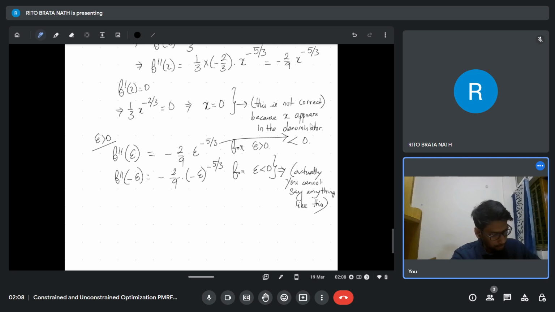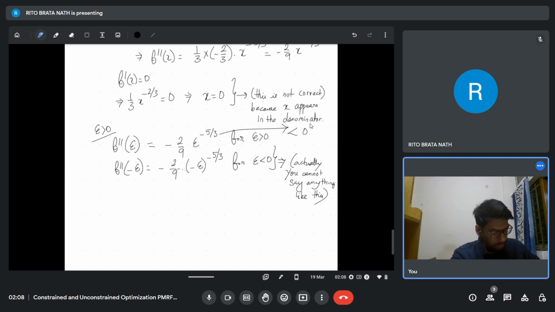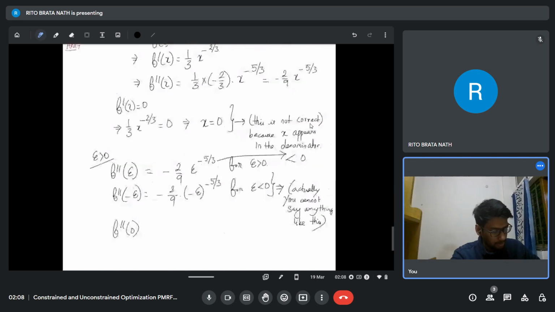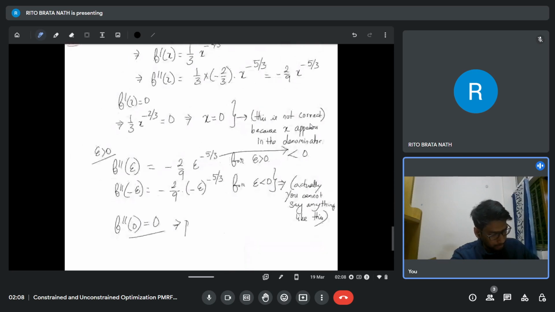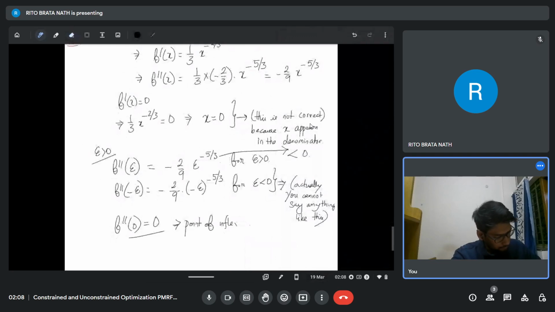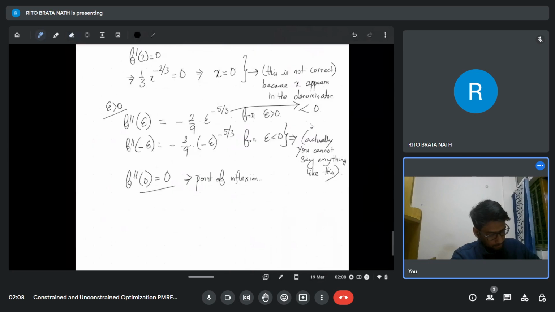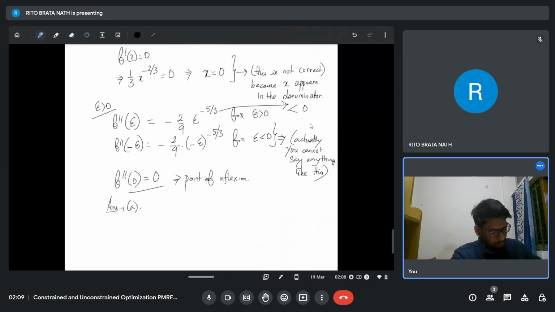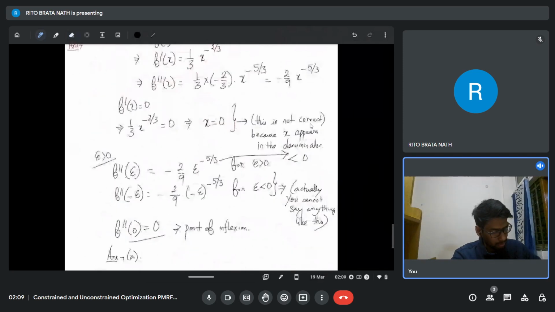But anyway, if f double prime 0 is, you put the value of x as 0. So if this is 0, then you can say something about point of inflection. So that's what is being done here. Then write it as, okay, and that's how the answer is option A. But this is not at all convincing, right?